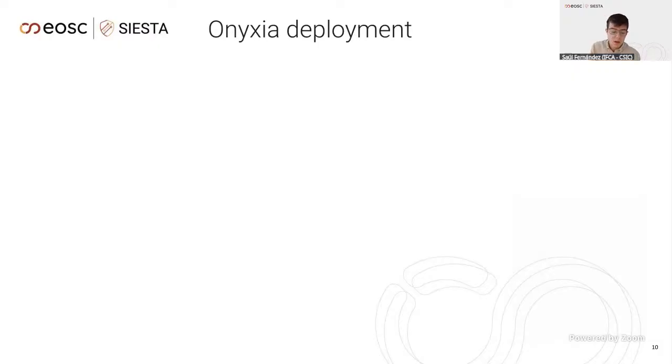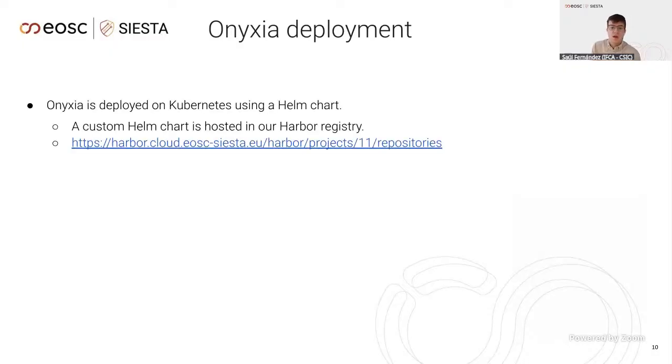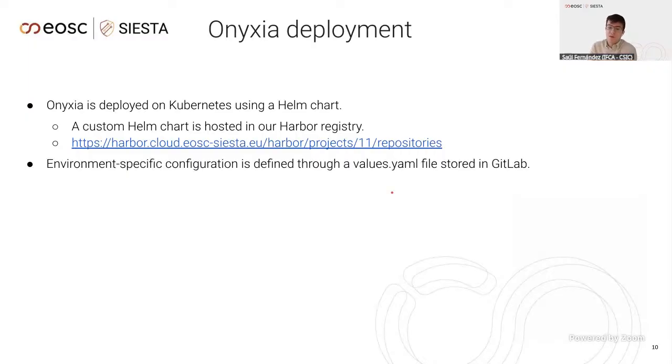So Andres has made a kind of introduction to this topic. Let's talk now about the Onyxia deployment. As you can see, Onyxia is itself defined as a Helm chart, as a Helm service. The Helm chart that specifies that service is hosted on our GitLab, on our Helm repository, and the values file that configures that instance is hosted on the GitLab.